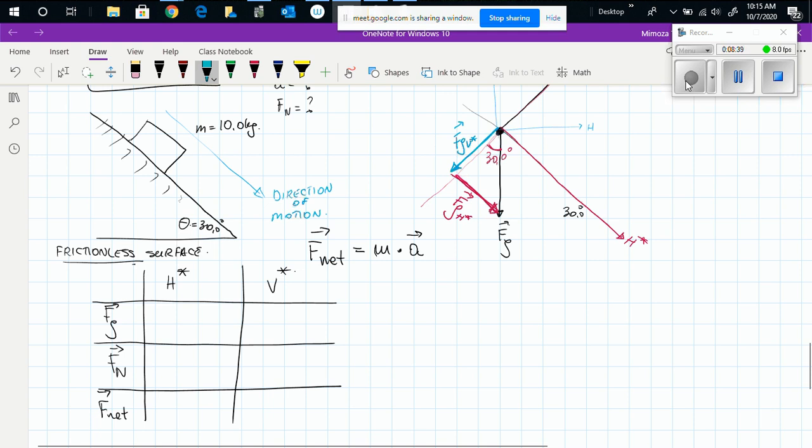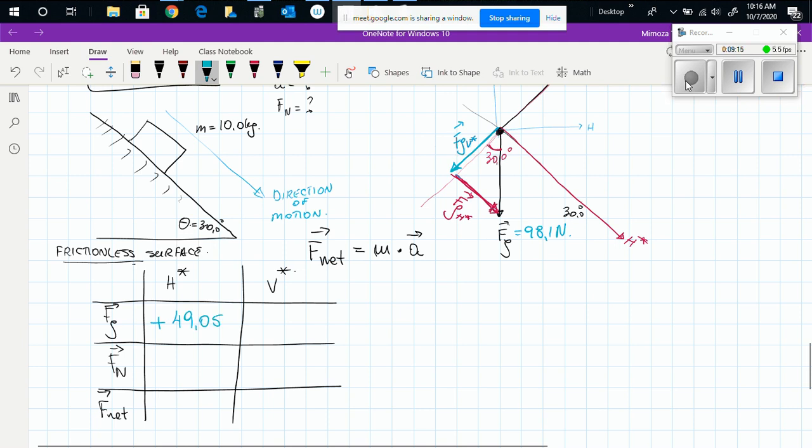Now the horizontal component, first of all, is going in the same direction as the new horizontal axis, so it is a positive value. And it is whatever Fg is, that is 98.1 newtons, because 10 times 9.81 is 98.1, times sine 30 degrees, which is 49.05.